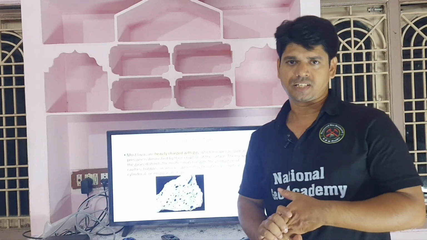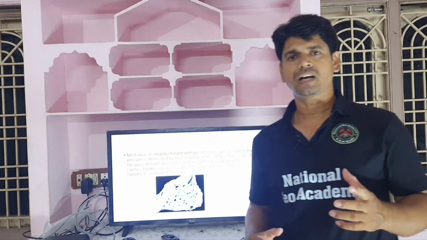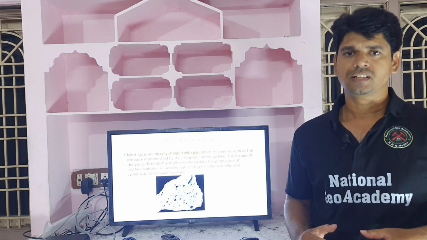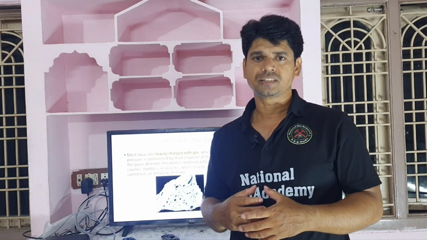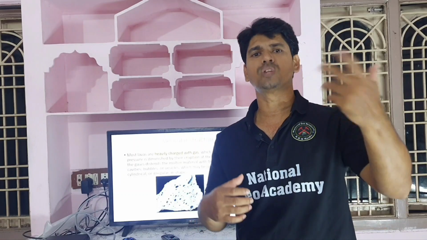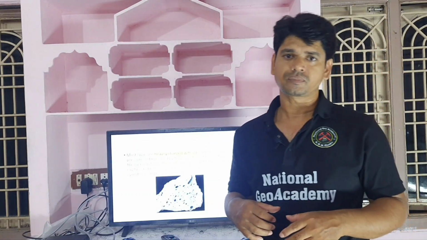Vesicular structure. What is meant by vesicular structure? When the lava erupts to the surface, it contains some gases, and when it comes out to the surface, these gases escape into the atmosphere. Then vesicles will be formed in the rock.